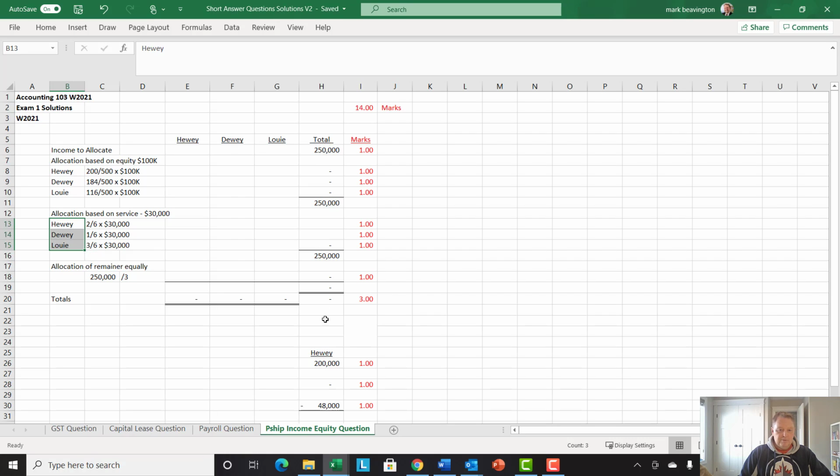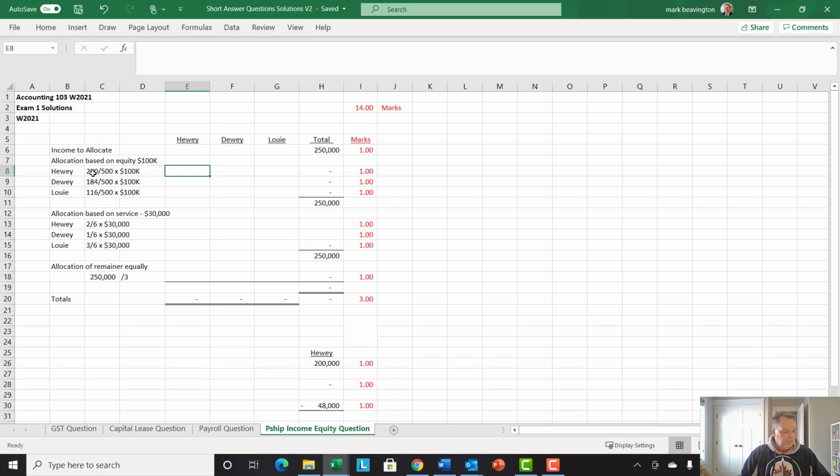So we set it up just like we normally would. Then the second part, we're allocating based on service, and it's $30,000 we're going to split, and then any remaining profits is just allocated equally. And we know our total income's $250,000. So the calculation here is just math again.